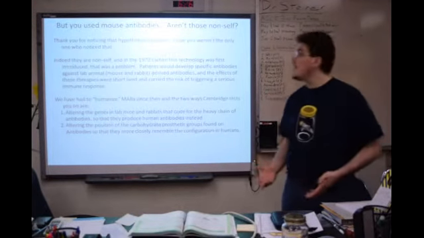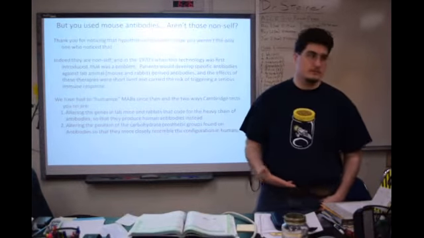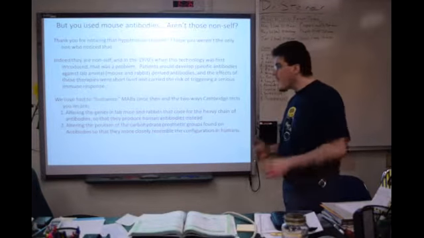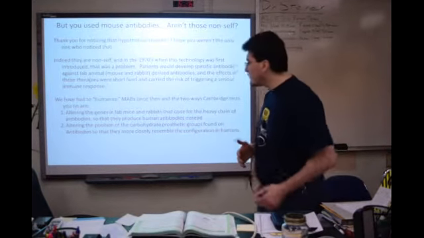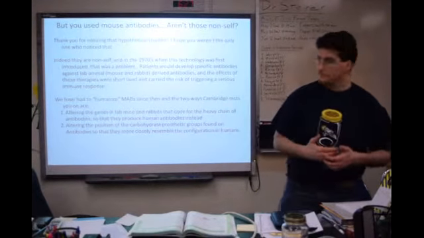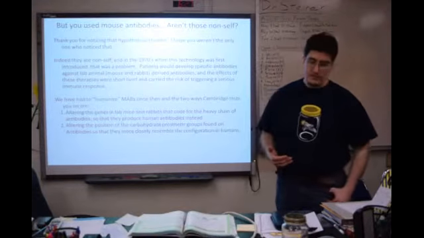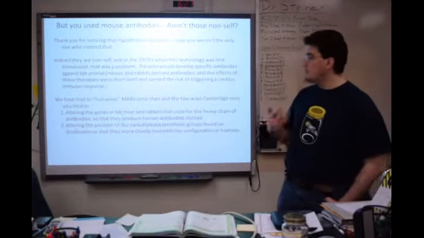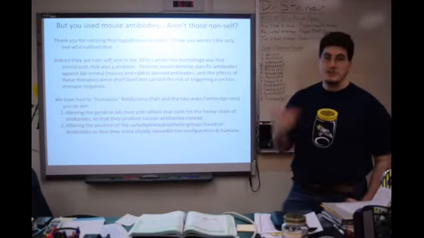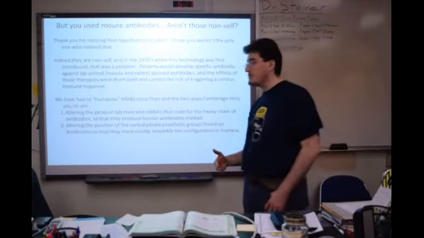It's fully human DNA. We can also alter the position of the carbohydrate prosthetic group found on the antibodies, so they most closely resemble human antibodies. They need to resemble the configuration of humans so the human immune system does not respond to it as readily as if it were a non-self antigen.